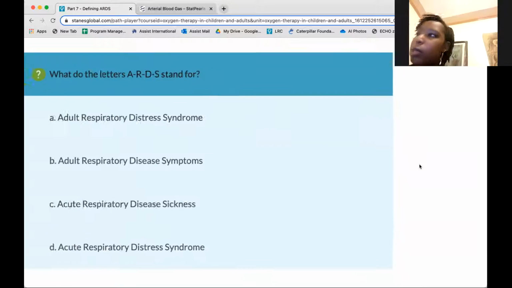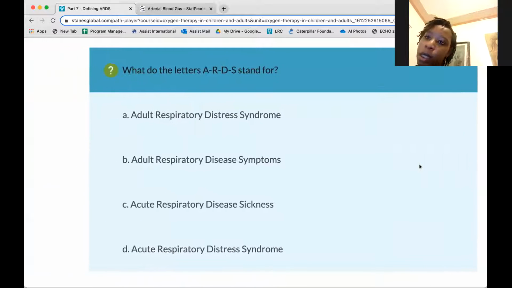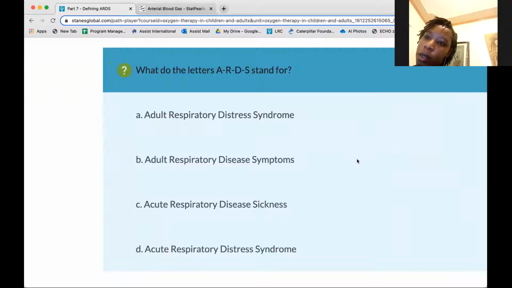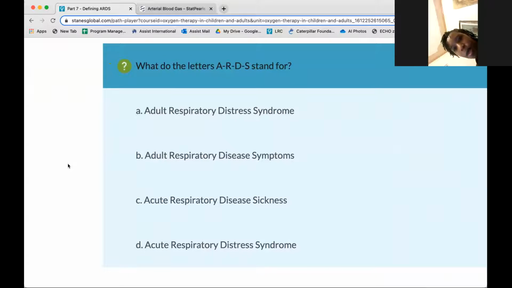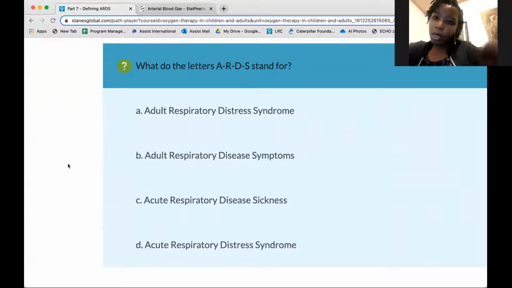Okay, I can see someone has written D. Thank you. Seeing everyone has written D. D stands for acute respiratory distress syndrome, which is correct.